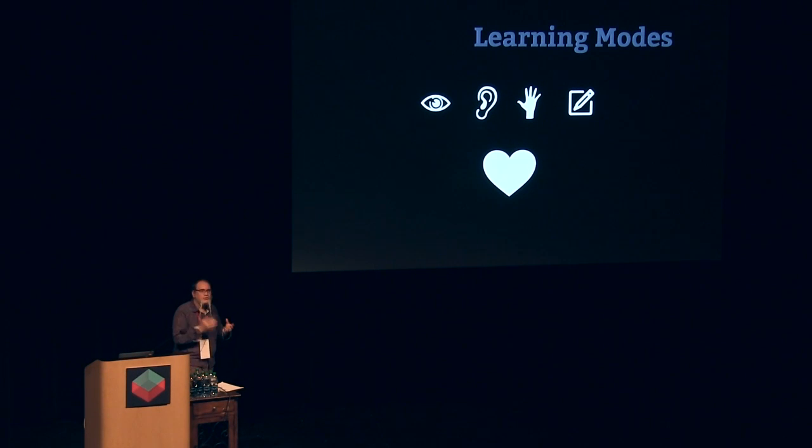If you can make an emotional connection with somebody, combined with any of these other modes, it actually becomes much more powerful. So this is why it's important not only to use data visualization, but to make your data visualizations beautiful. You wouldn't think that beauty is an accessibility requirement, but actually in this case it is.